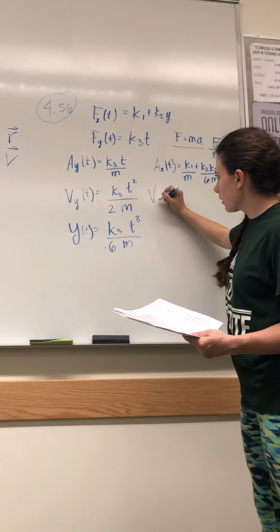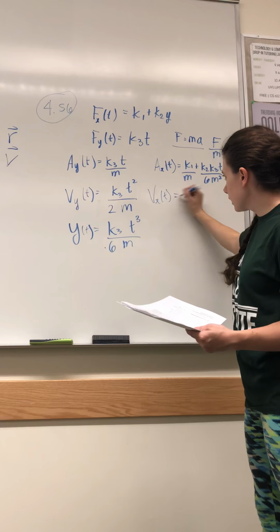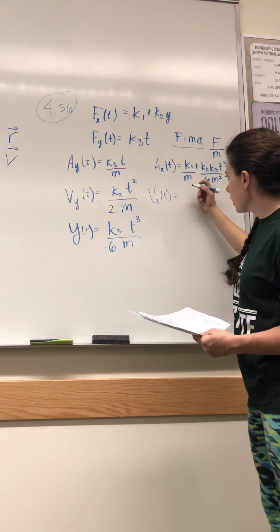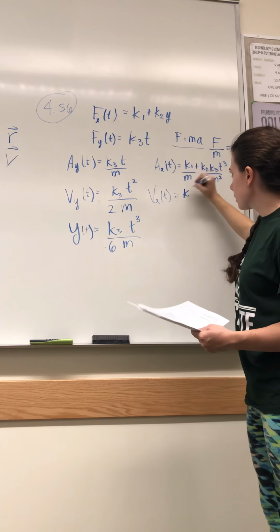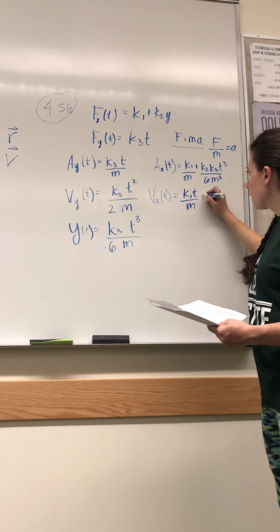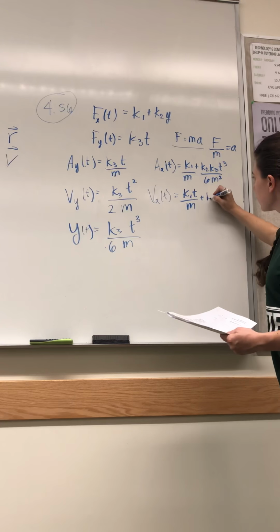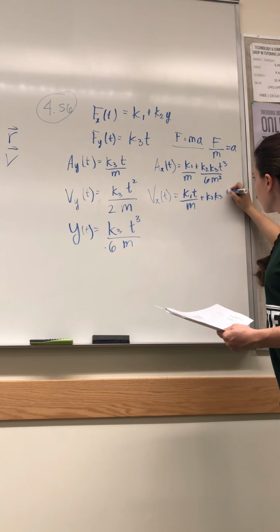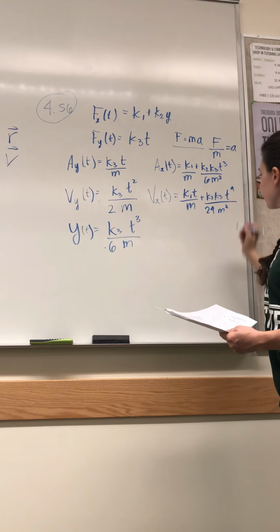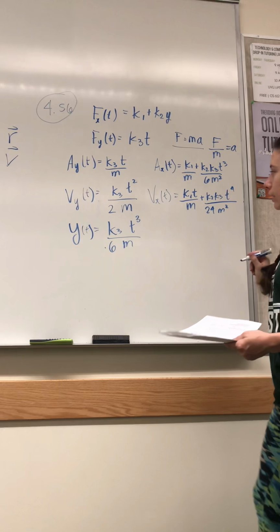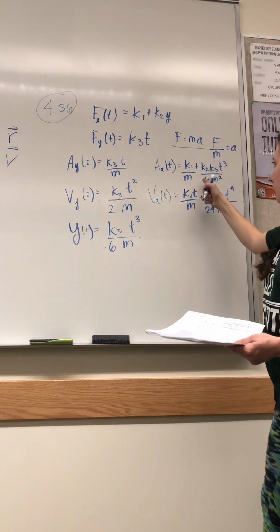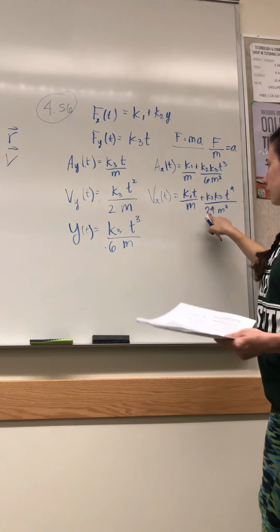So now when we get the velocity in the x direction, we take the integral, and for the first part of this it is k1 times t divided by mass. And for the second part, we get k2 k3 t to the 4th divided by 24 m squared, or mass squared, because we added 1 and we multiplied by the 1 we added to get 24.